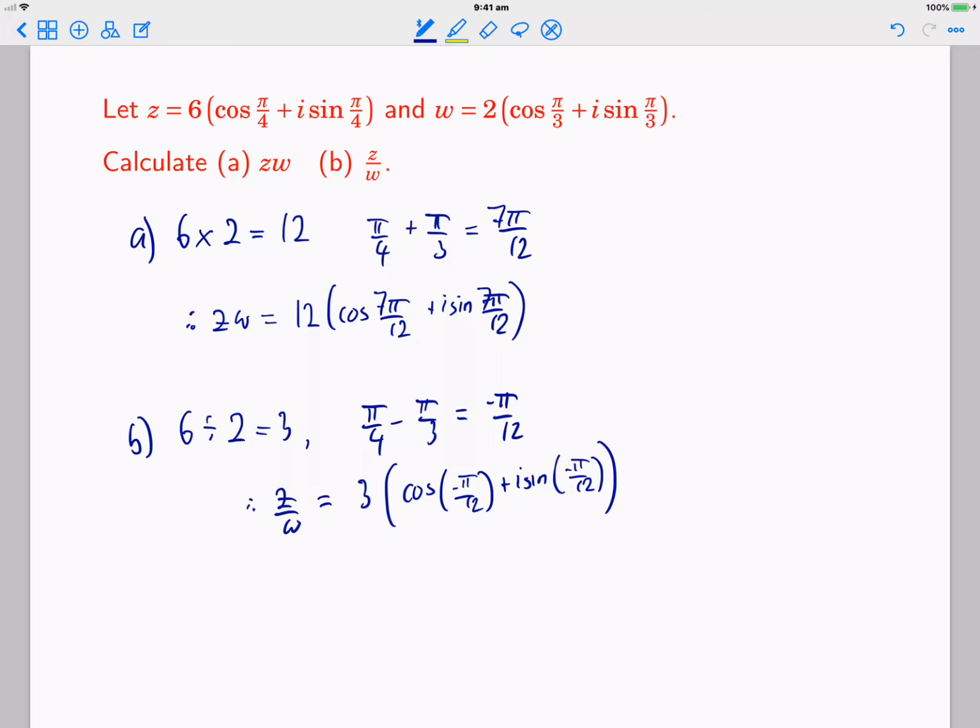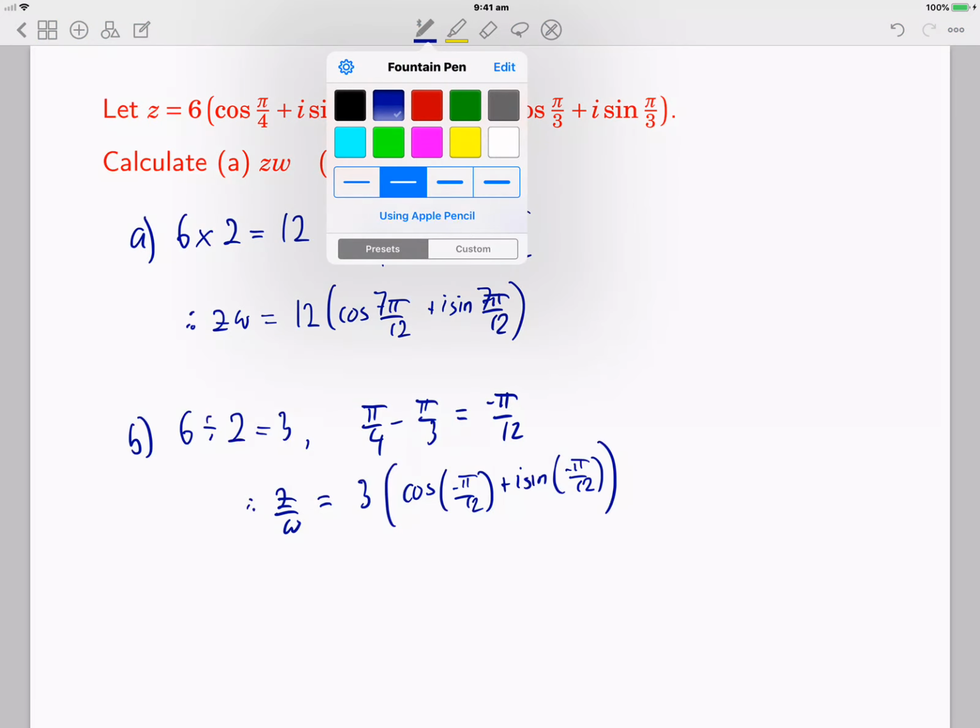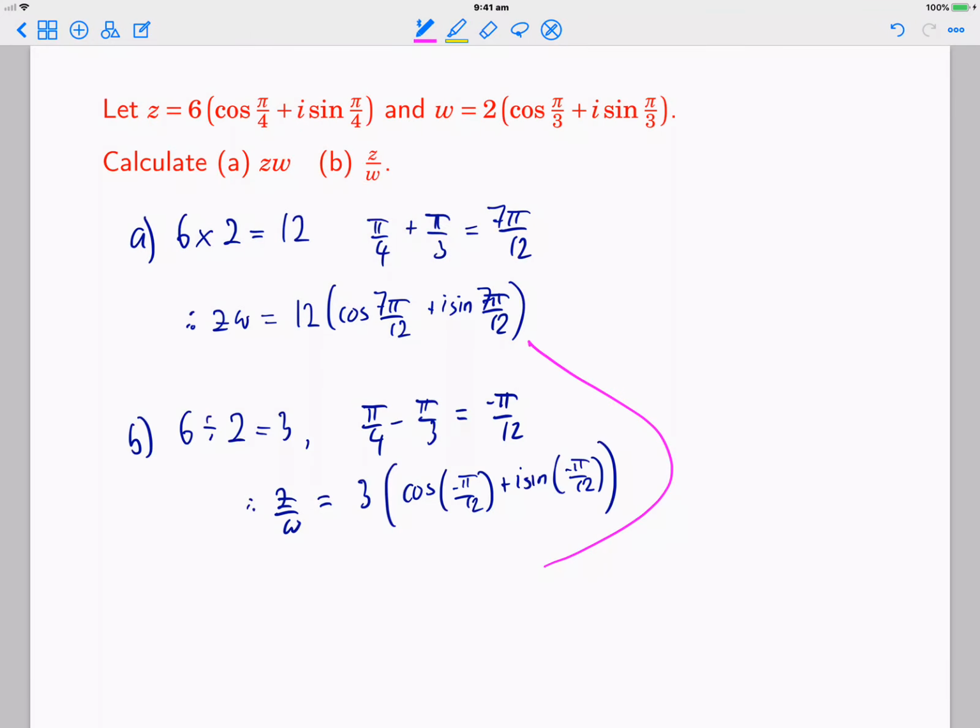So for example, in the case of 7 pi on 12, if you want to evaluate cos and sine of that, you can use this identity here, cos 2 theta equals 2 cos squared theta minus 1. So I take 7 pi on 12, and I try to write it in terms of an angle that I do know how to evaluate, in this case, 7 pi on 6.